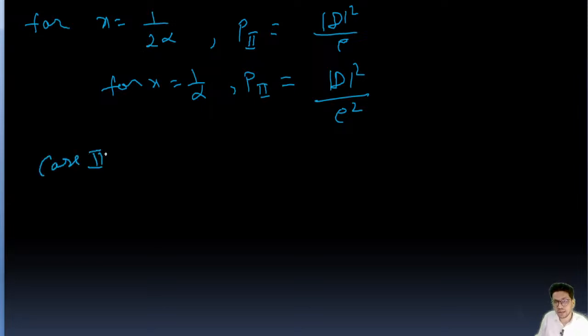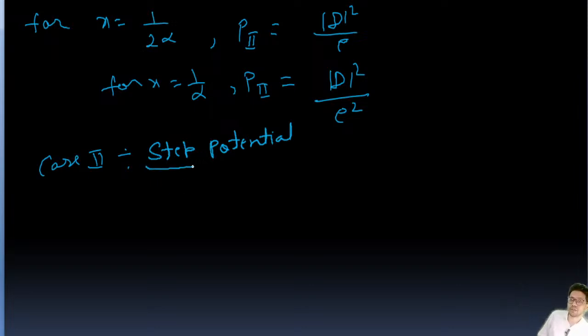Now we are going to discuss case second of step potential. Case second is if E is greater than V naught.